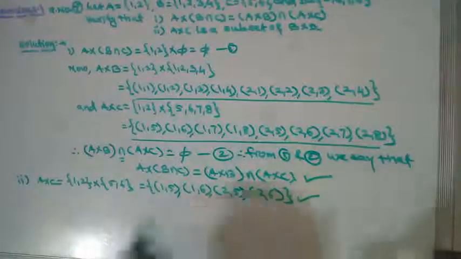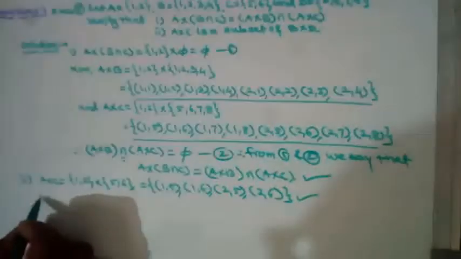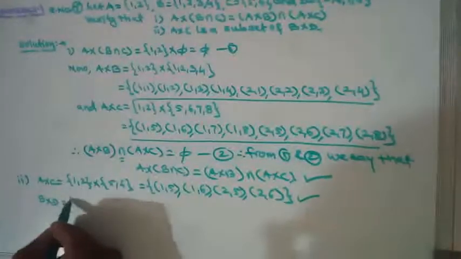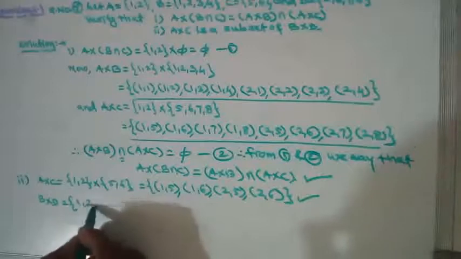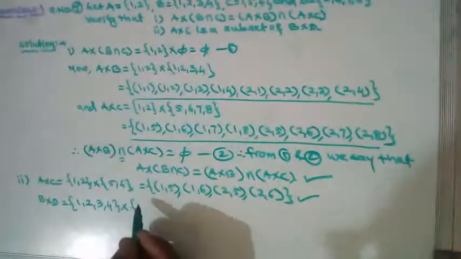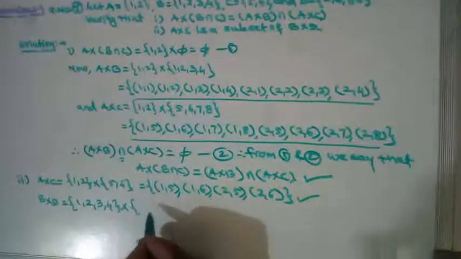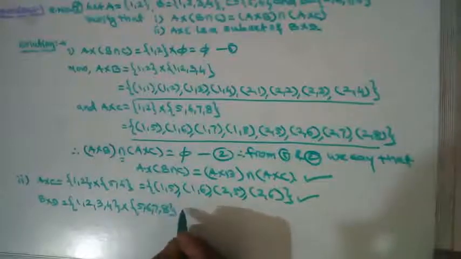Now we have to show A cross C is a subset of B cross D. So we find B cross D. What is B? B is {1, 2, 3, 4} cross. What is D? D is {5, 6, 7, 8}.